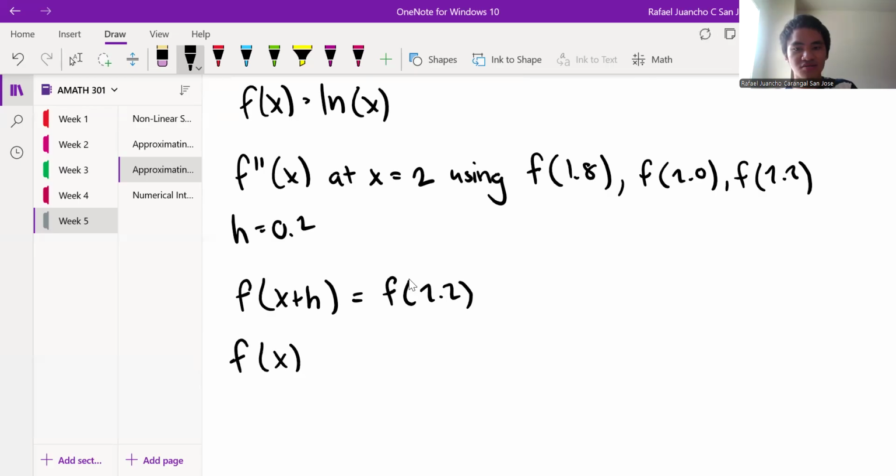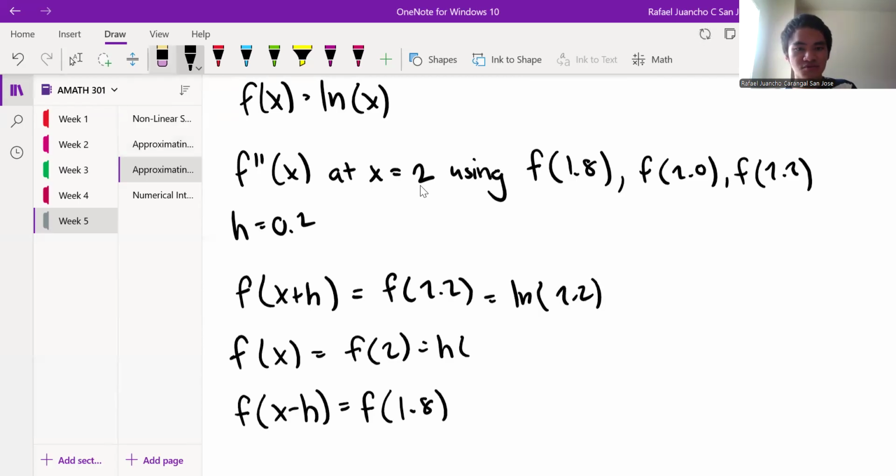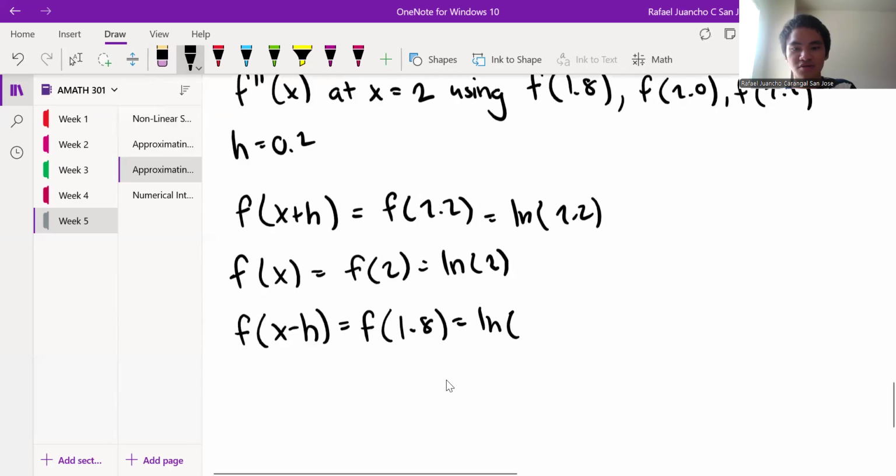My f of x is basically going to be my f of 2. And then my f of x minus h is basically going to be my f of 1.8, right? And then from there, I get these points. I get ln of 2.2, ln of 2, ln of 1.8, right?